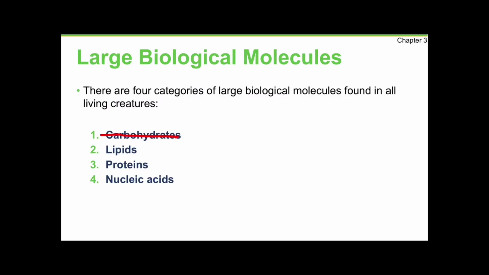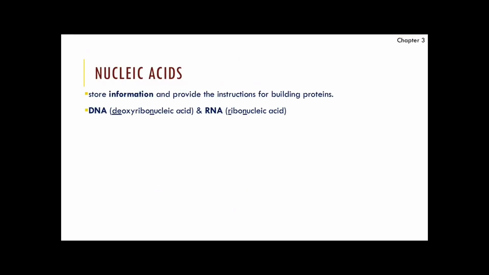خلصنا من الكربوهيدراتس والليبيدز والبروتينز، باقي nucleic acids اللي هي الأحماض النووية. لما نقول نووية إيش يعني؟ إيش تتوقعون؟ DNA and RNA.